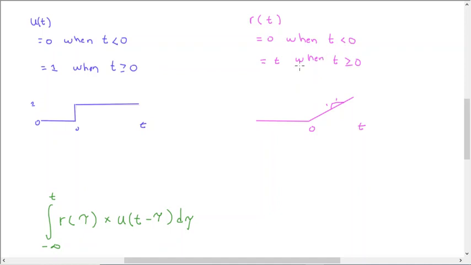Now, what we often do is, let's say we want to do the convolution of a ramp times a step, right? That would be r(t) convolved with u(t).